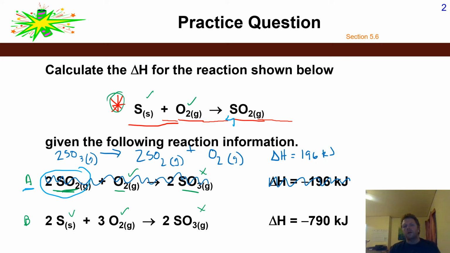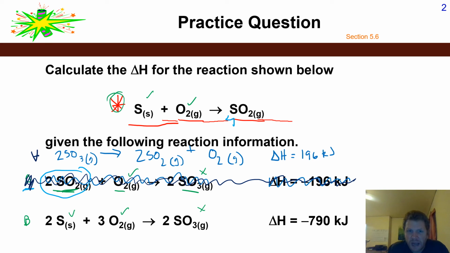Now I want to match up my reactants and my products. My flipped and reversed reaction A, I'm going to write as an upside down letter A, which looks like a V with a line through it. I do not need to worry about my original reaction A. Instead I need to look at where my reactants are.